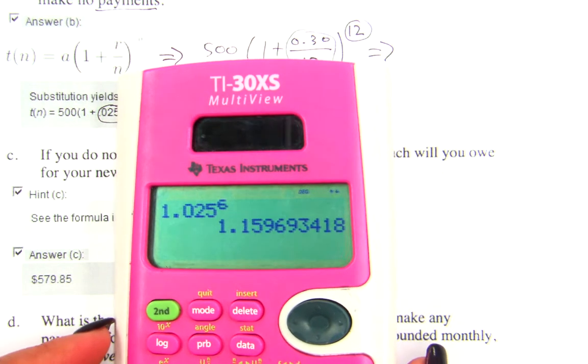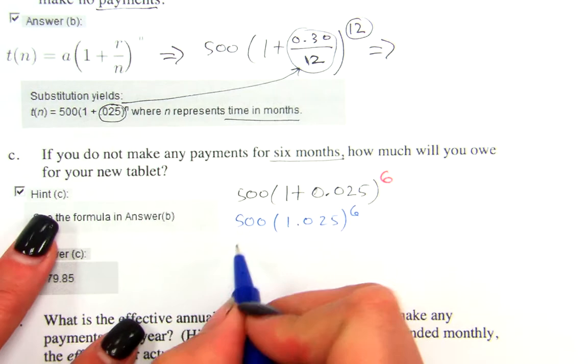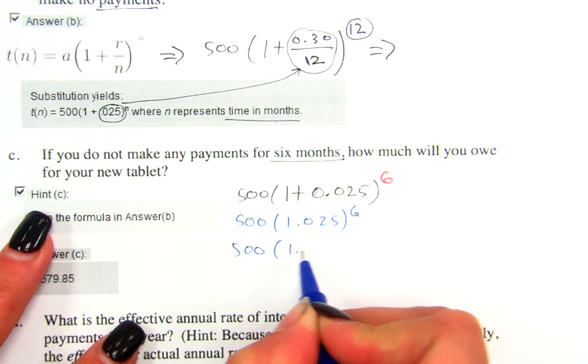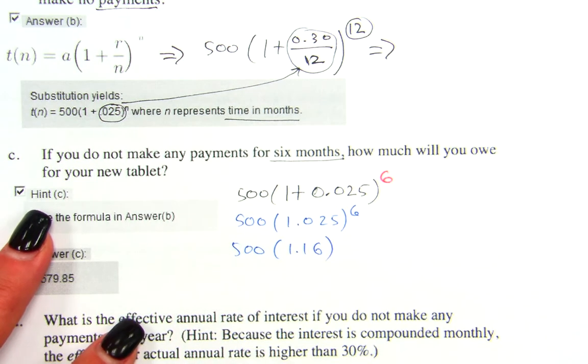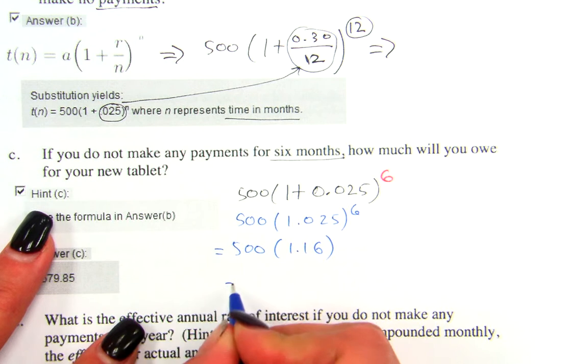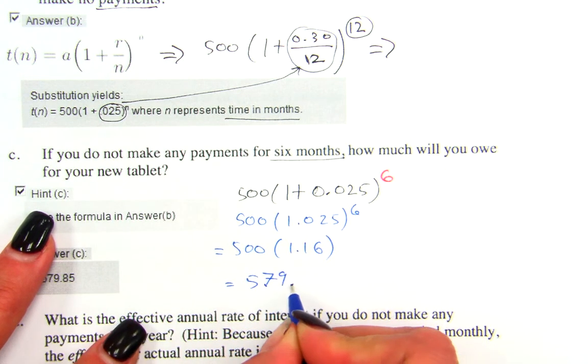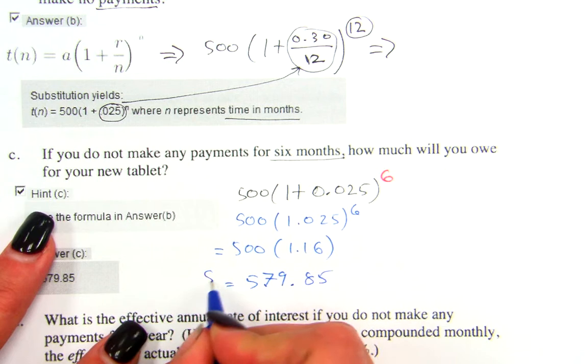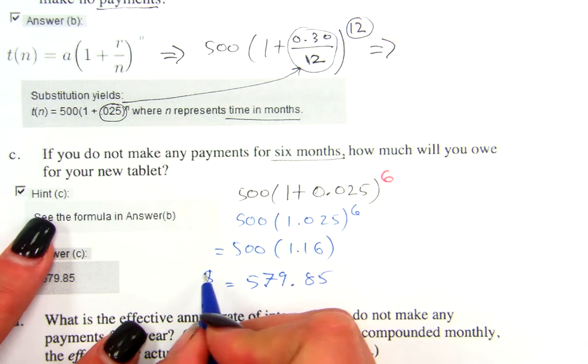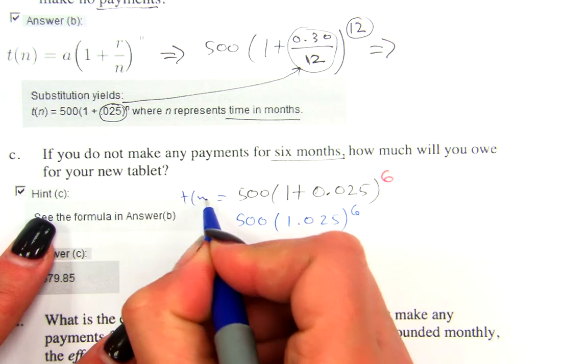I'm going to do 1.16. Okay, so 500 times 1.16, right? You're going to end up paying $579.85 rounded.